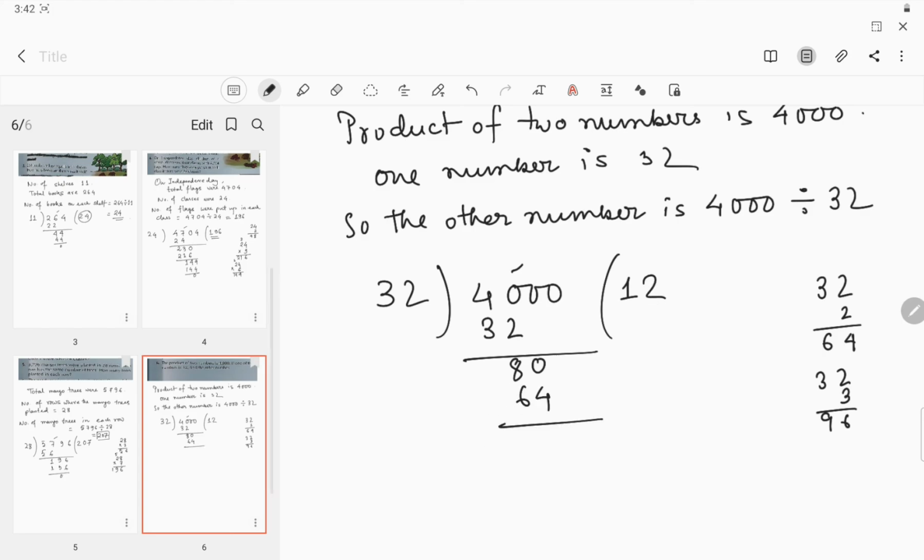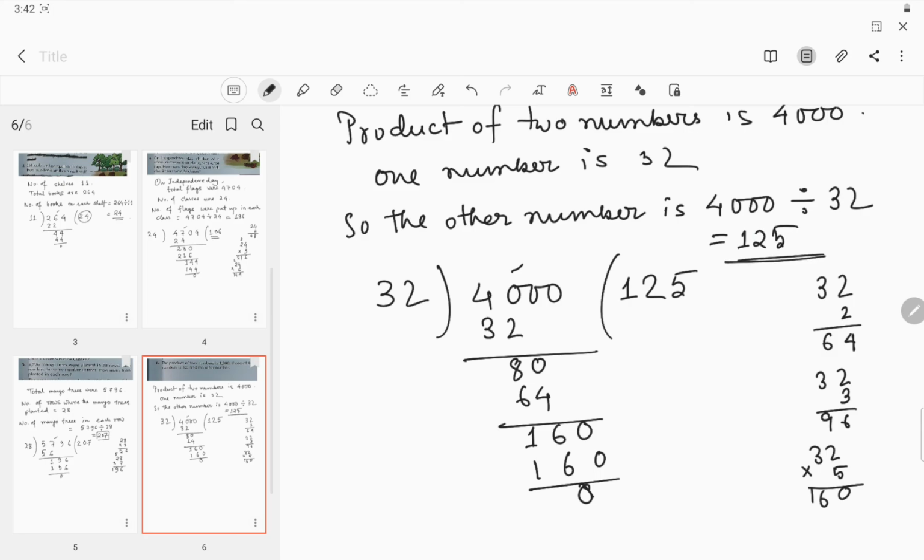So after subtraction you will get 16. Now bring down 0, another 0. Now you know, if you multiply 32 by 5, you will get 5 2s are 10, carry 1, 3 5s are 15, 15 plus 1 is 16. So in the quotient it will be 5 and it will be 160. So the remainder is 0.